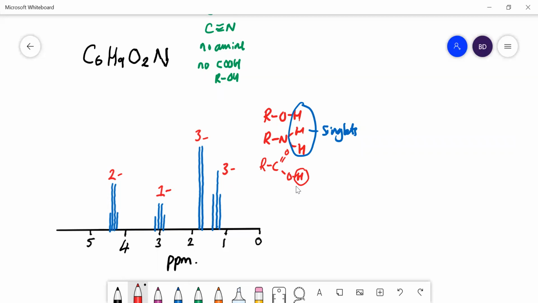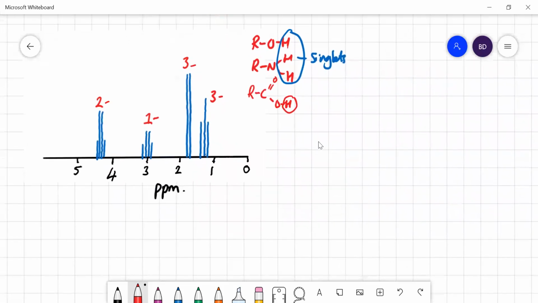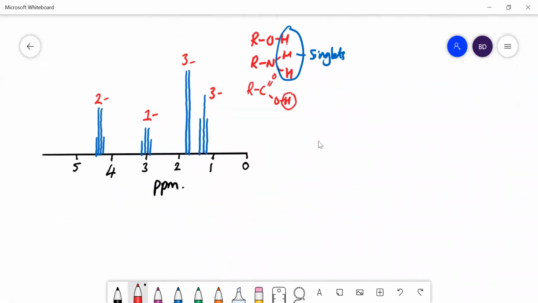Let's try and see what this spectrum could be then. The thing that first caught my attention in this spectrum is this doublet here worth 3. That means we've got a CH3, and the carbon to which it is attached, because it's a doublet, can only have 1 hydrogen attached.